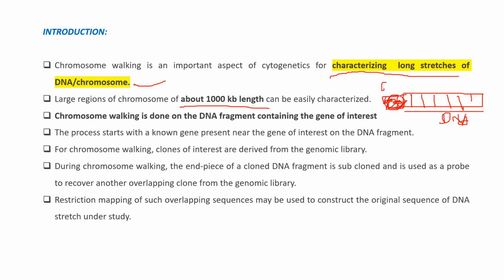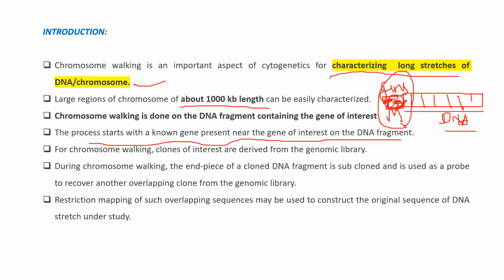So a known gene or any known marker must be present before or after the chromosomal DNA fragment that you want to characterize. So the process starts with a known gene present near the gene of interest on the DNA fragment.